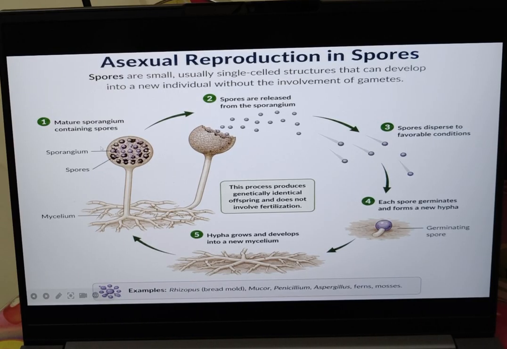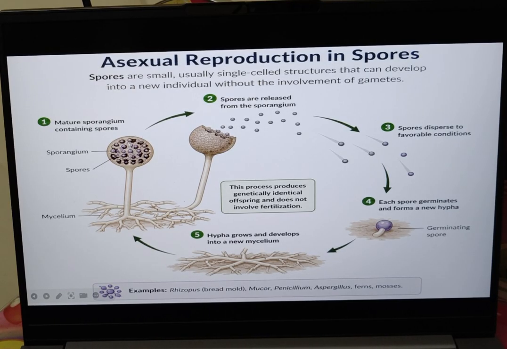And this is the sporangium wall, and within that you have spores, sporangiospores. So this is called the fruiting body.